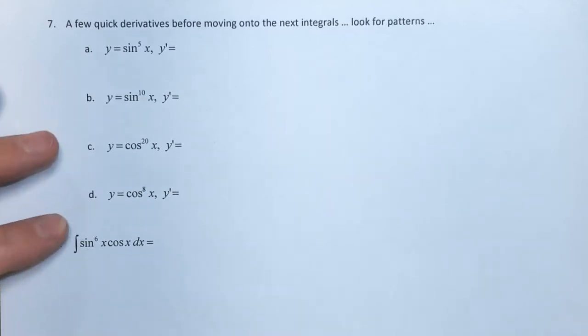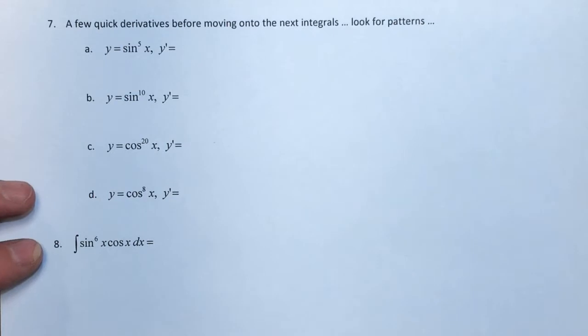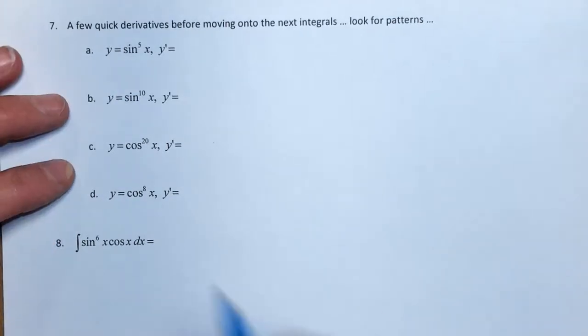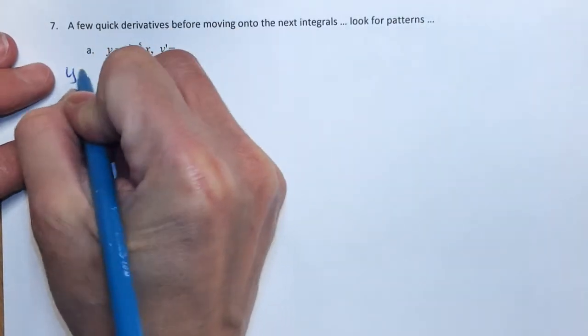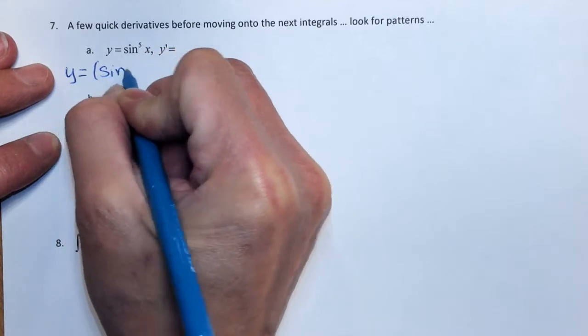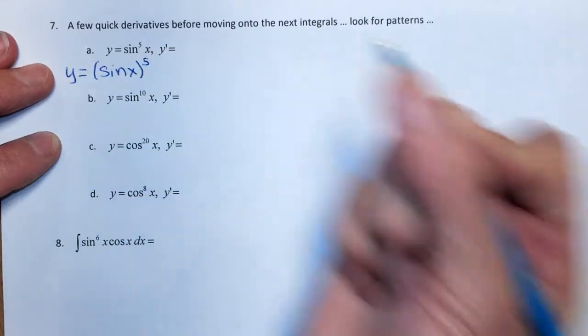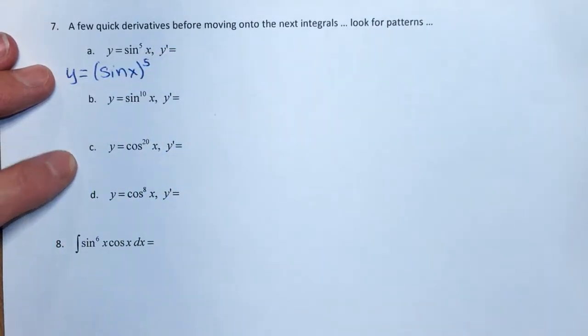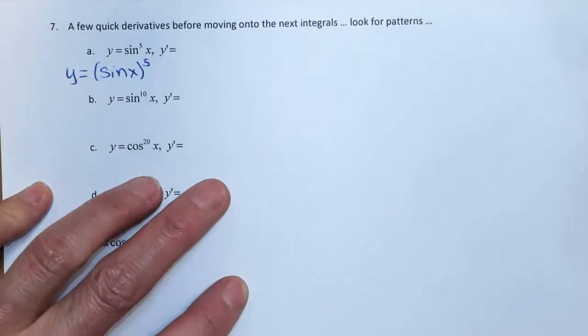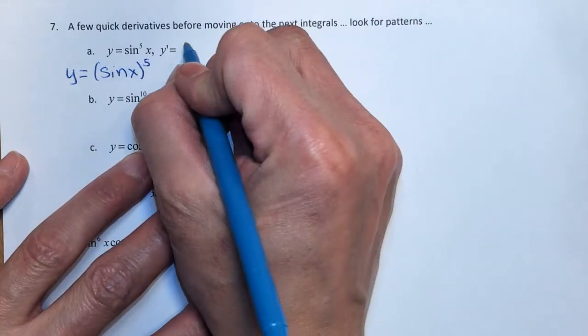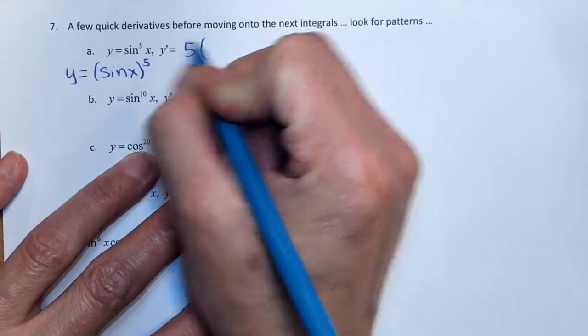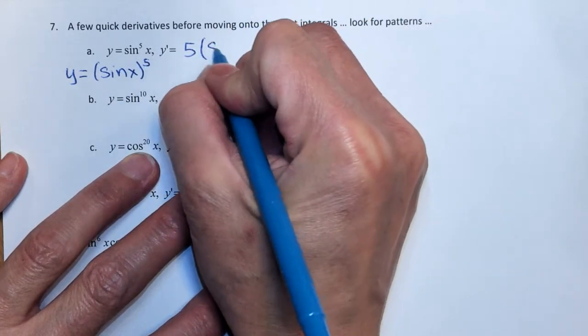So first I have y equals the sine x to the fifth. Now remember, this is the same thing as sine x quantity to the fifth. So first I'm going to do the exponent rule. So this would be 5 and then sine x to the 4th.